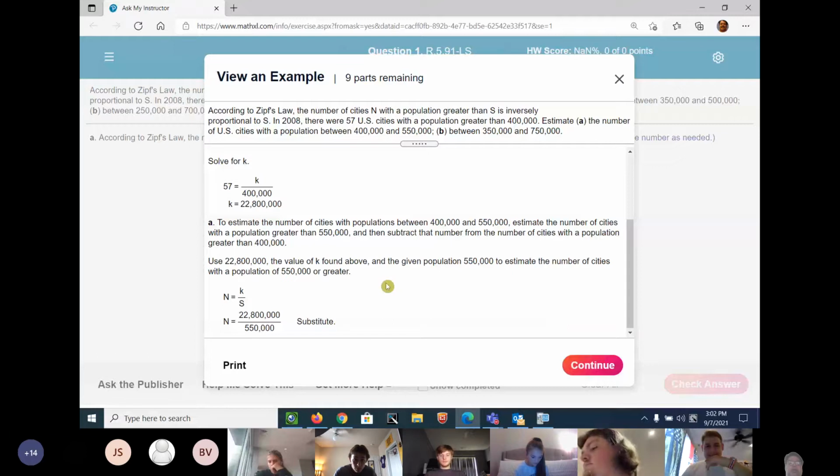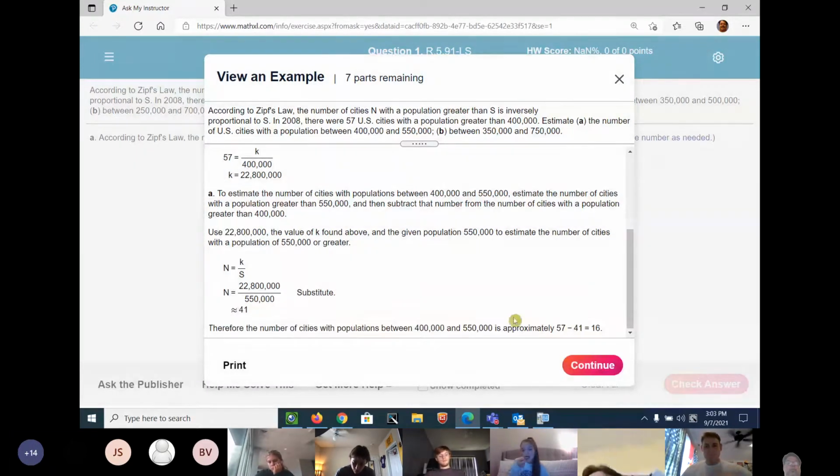They're setting up each side. Well, that's what I thought I was doing, but I wasn't. So 22 over 550 and 22 over 400. So that's what they're doing.